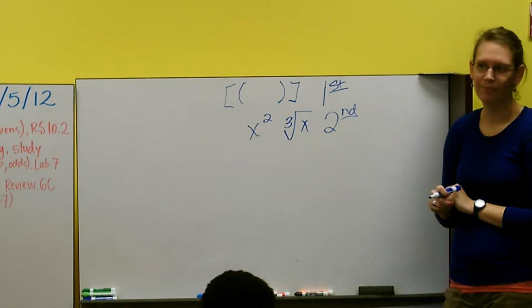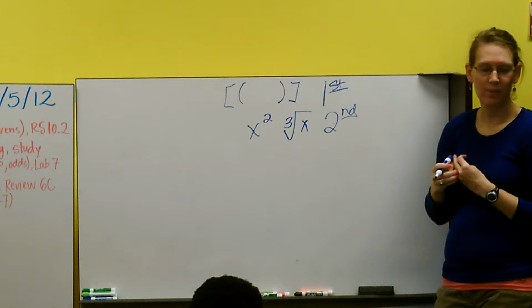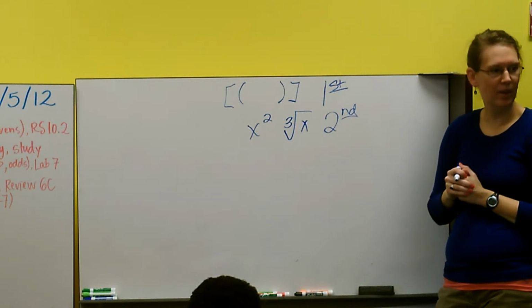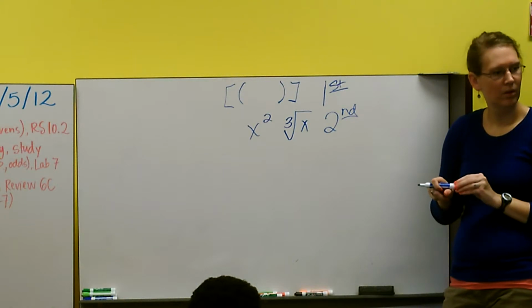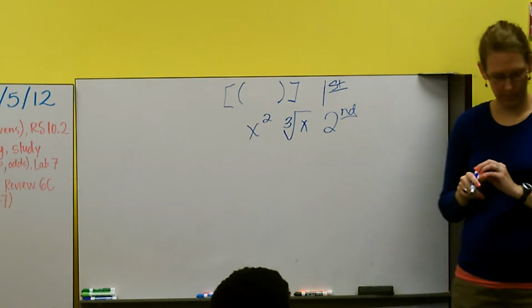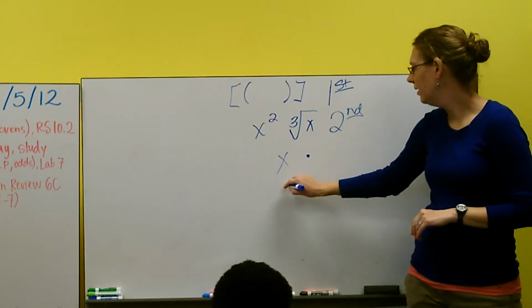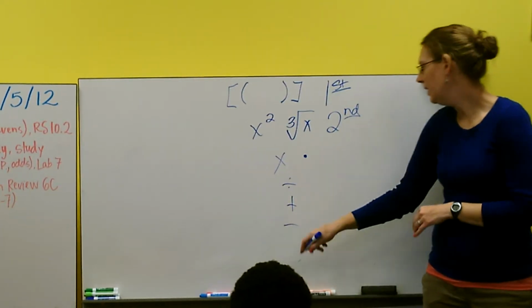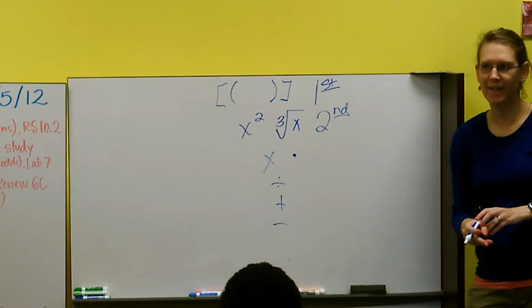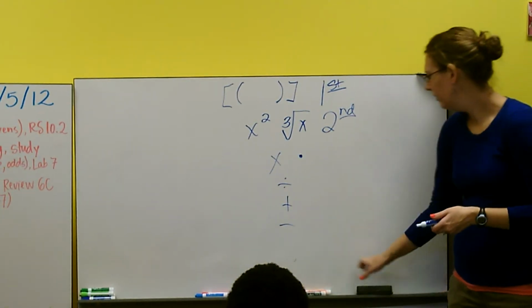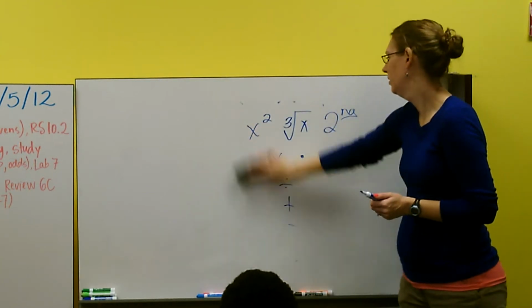What comes third? Mika, what comes third? After we do exponents, what would we do? Multiplication. Good. So we've got multiplication, then division, and addition and subtraction. Please excuse my dear Aunt Sally. Right? Alright, so now that we've figured out our order, let's do an example.